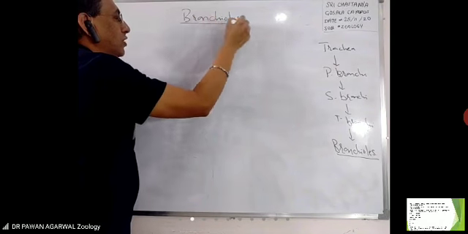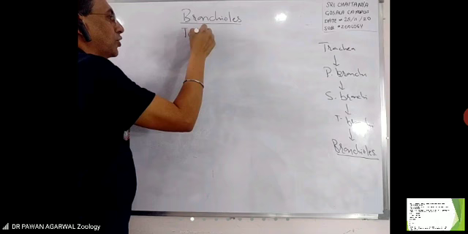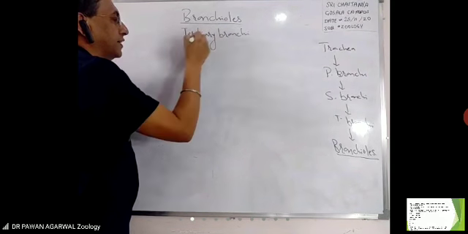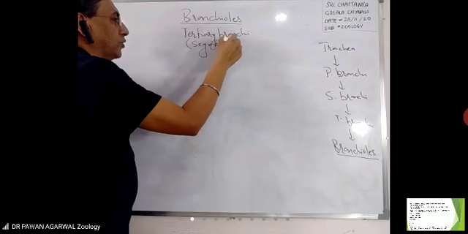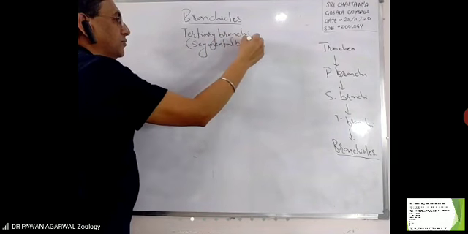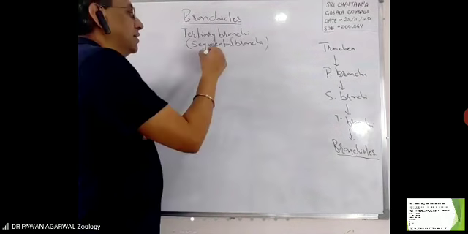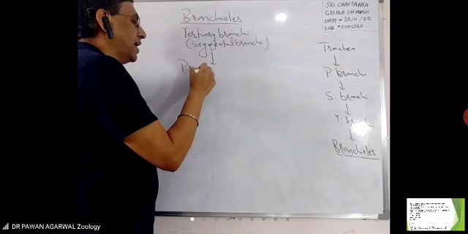See, this is the tertiary bronchi, also known as the segmental bronchi. It is divided into the primary bronchiole.